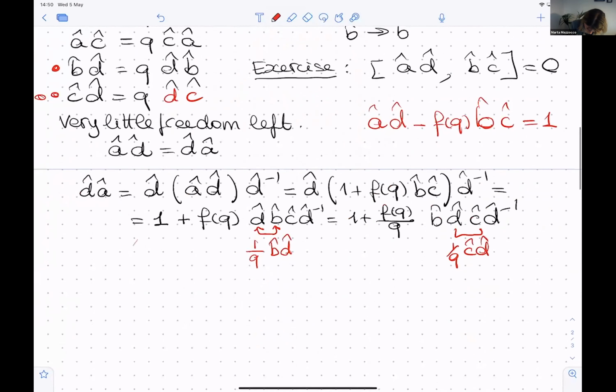So that finally I get 1 plus F of Q over Q squared, right? B, C. And this is not, so, okay.